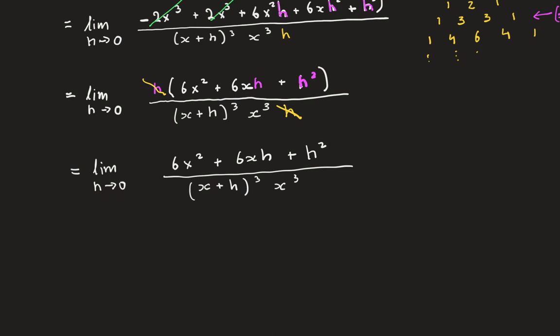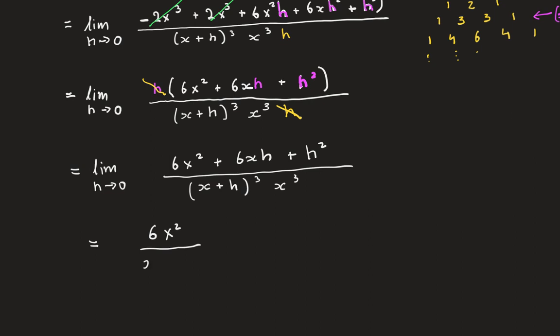We can now say that as h approaches 0, we have now a function which is 6x squared. The next term is 0 because there's an h, and this term is also 0 because there is an h. And that's all for the numerator.